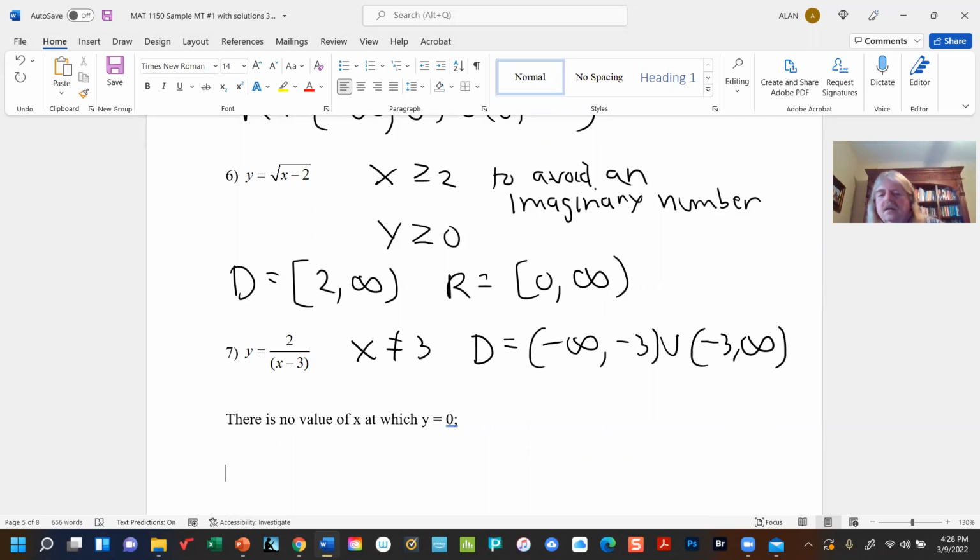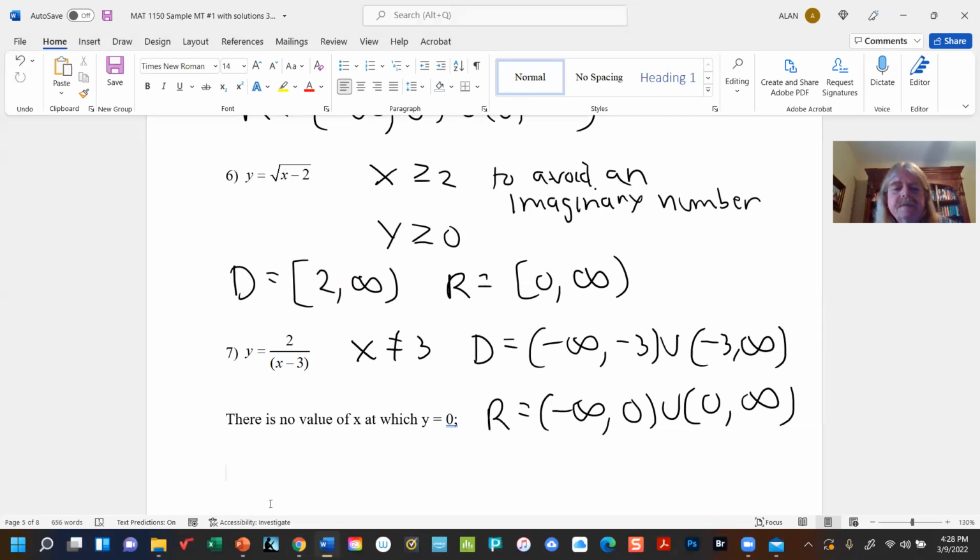And so therefore, the range is -infinity up to, but not including 0, combined with 0 up to infinity. So those would be our asymptotes, by the way. The horizontal asymptote is y equals 0, or in other words, the x-axis. The vertical asymptote is that x equals 3.